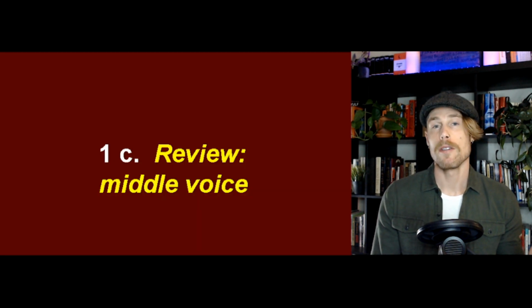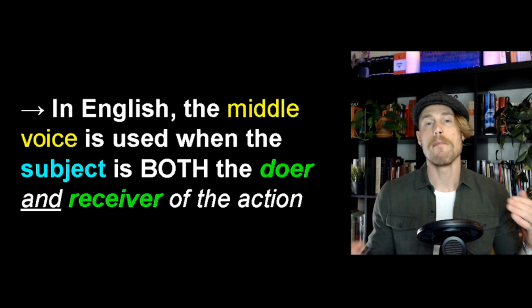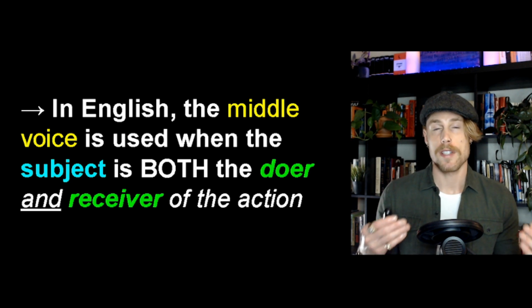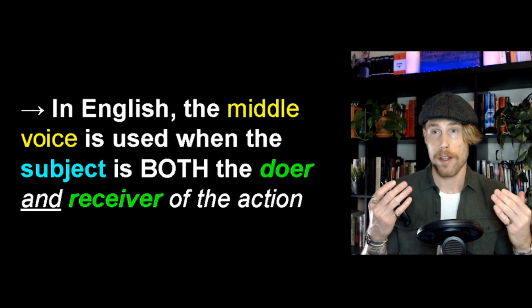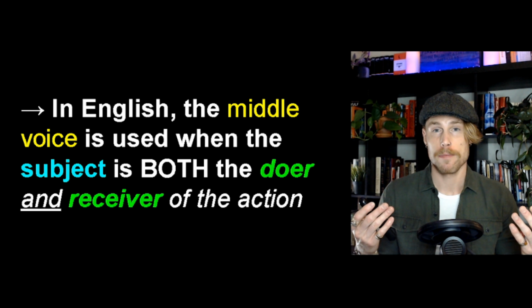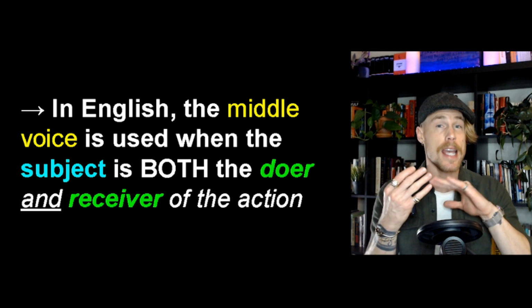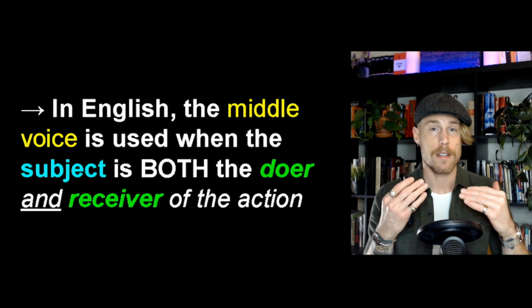Okay, middle voice. In English, the middle voice is used when the subject is both the doer and receiver of the action. So the subject does the action and the same subject receives the action.